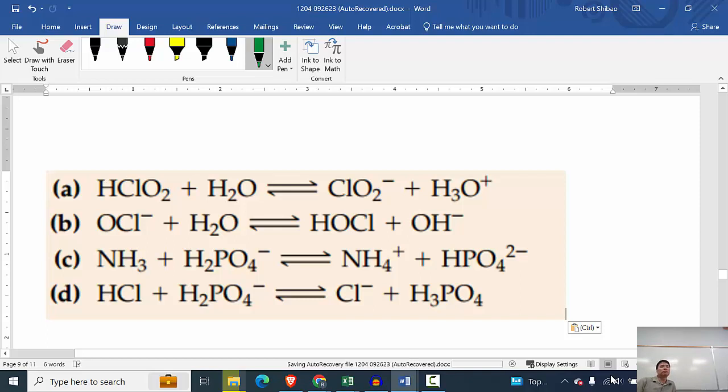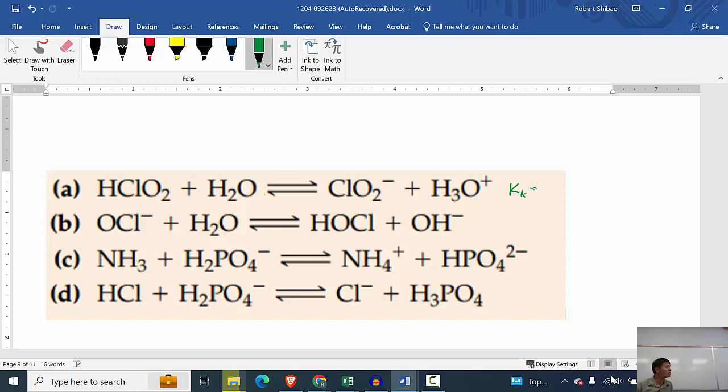Yep, good. Chlorous acid. Hydrolysis means splitting up or breaking up of water. What's the acid? Chlorous acid. What's the base? Water. Water's amphoteric. It goes either way. And so we call this a Ka.